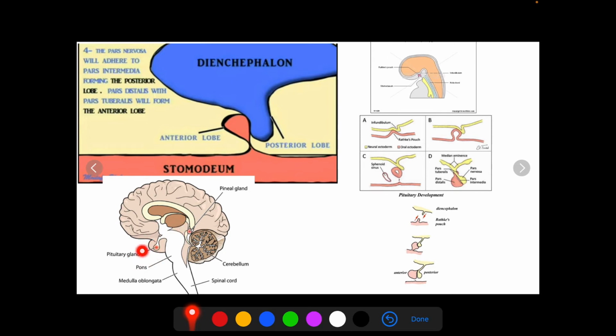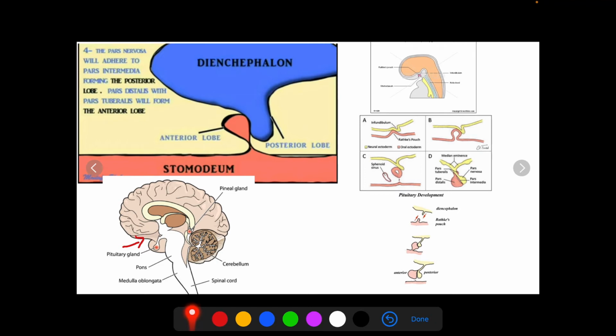The elevation from the pharynx is called Rathke's pouch. So the posterior part that comes from the encephalon forms the posterior lobe of the pituitary, and the anterior part forms the anterior pituitary.